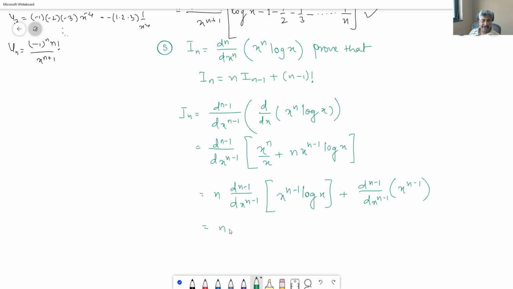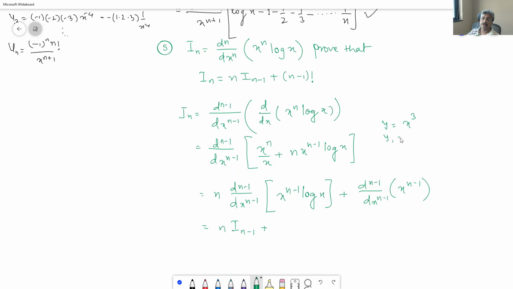So this is equal to n times I n minus 1 plus what is this second term? Take x cube: we want the third derivative of x cube.